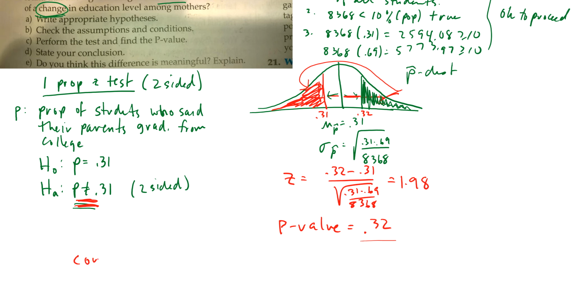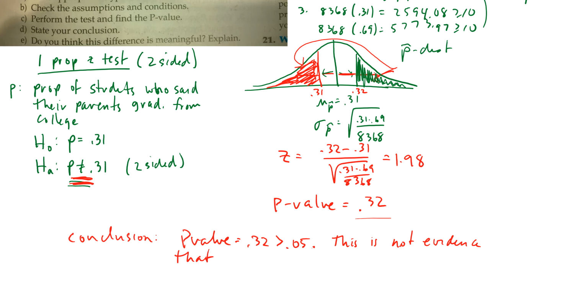So my conclusion, the p-value is 0.32, much greater than 5%. Let's be consistent, 0.05 if I use that as my measuring stick. This is not evidence that p is not equal to 31%.